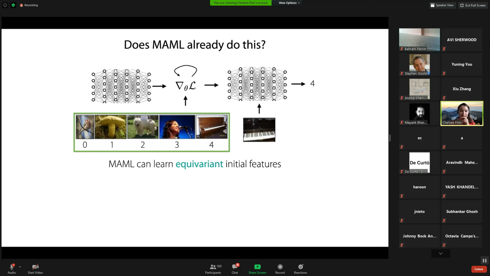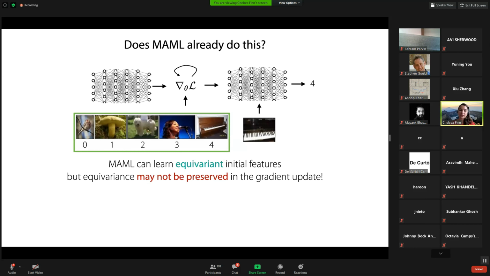Now, it's worth noting that MAML can learn initial features, an initial neural network that has a certain equivariance, simply by encoding that in the weights of the neural network. However, the gradient descent step may not actually preserve that equivariant structure. So while the initial features may be equivariant, the features learned after the gradient step may not be equivariant, may not share that structure.